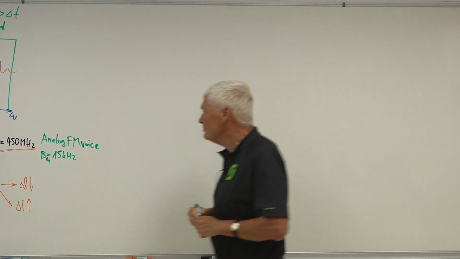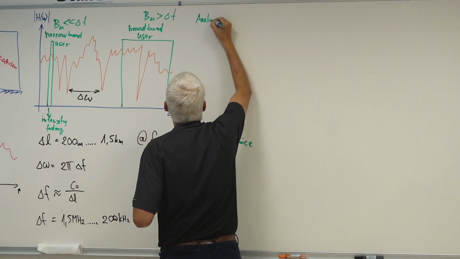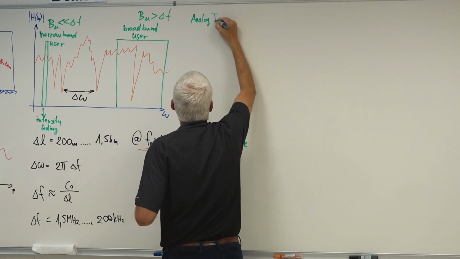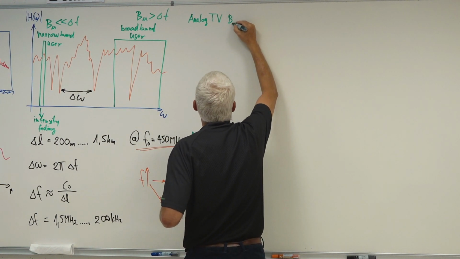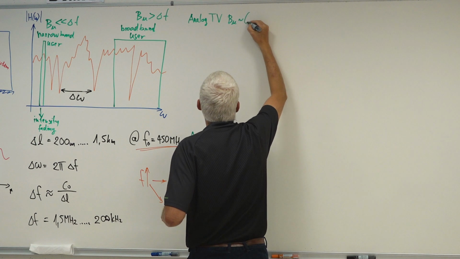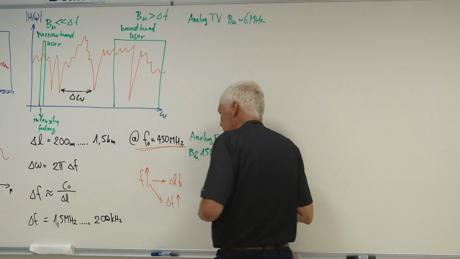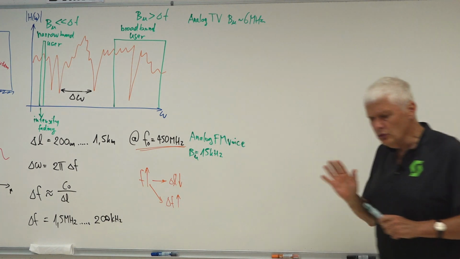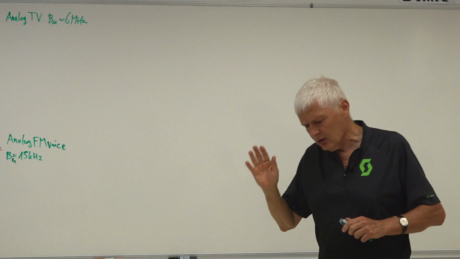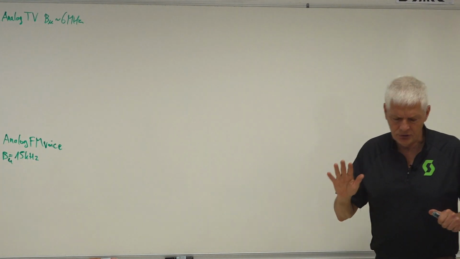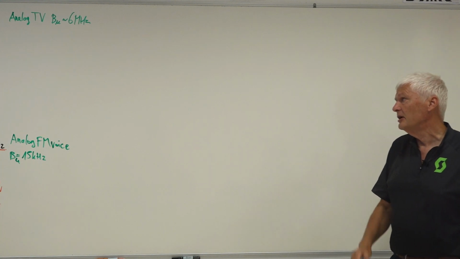So the example here is analog TV, which has a useful bandwidth of, say, 6 megahertz. I want to use analog examples here, not any digital or numerical ones, just to avoid confusion, because analog is very easy to define and understand.